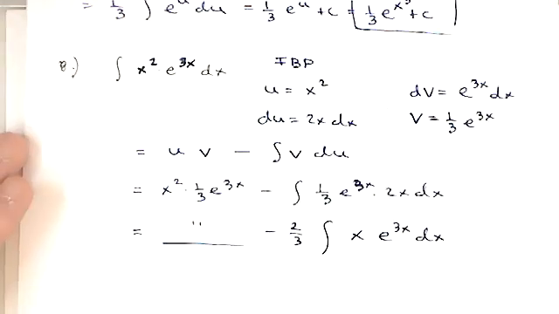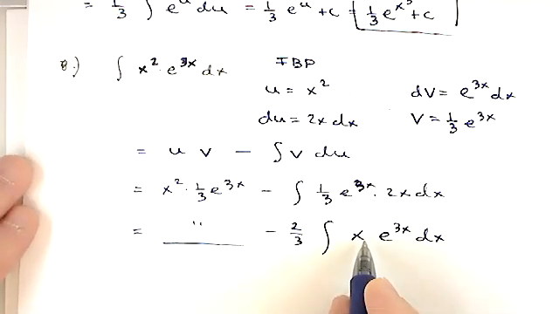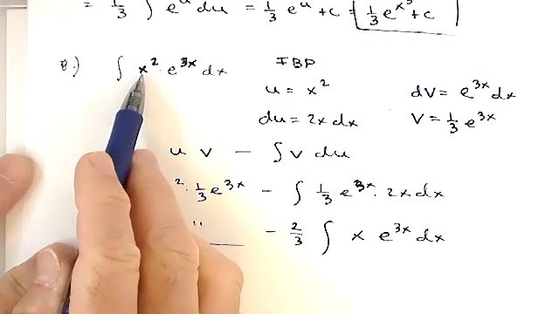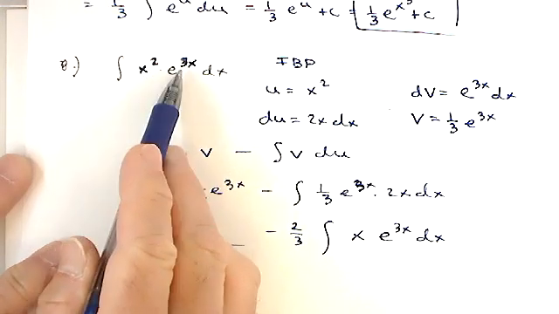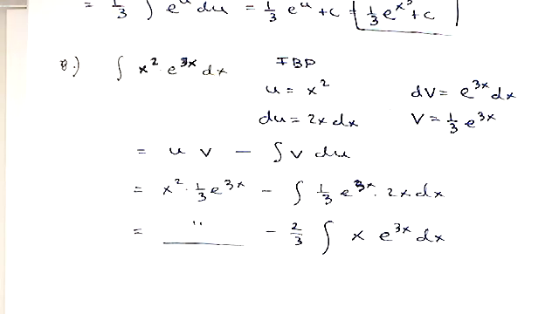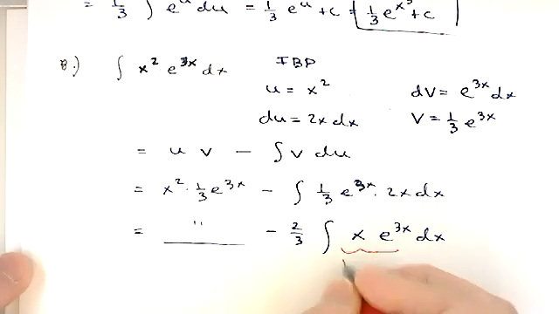Because what I want you to see here is, while we have made progress, our original integral started off with x squared e to the 3x. The integral we're now encountering is just x e to the 3x. So I've knocked down the power. But notice this is still a product.